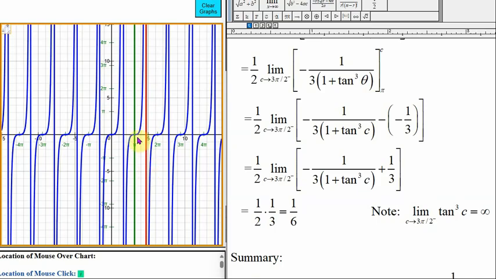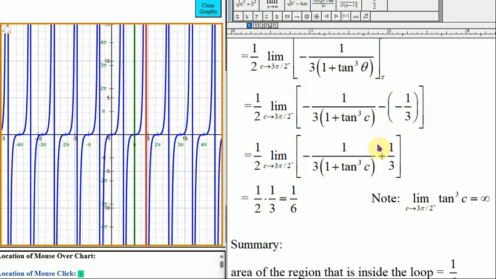And as we can see, as x approaches 3 pi over 2 from the left, tangent approaches infinity. So this part here will go to infinity as c approaches 3 pi over 2 from the left.